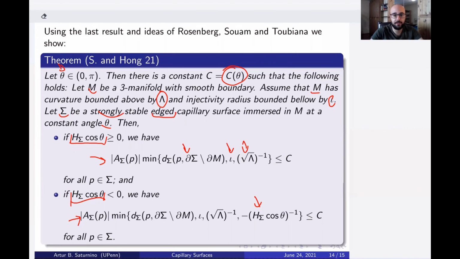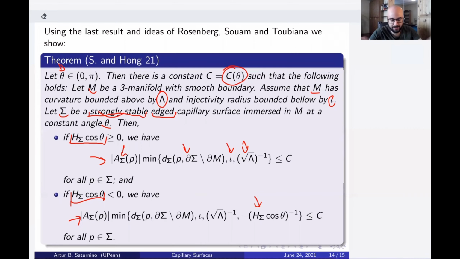So the idea for this technique comes from the theorem we just presented before, the uniqueness of the half plane, because this is really about scaling. Looking at the surface sigma at the scale of its second fundamental form, and then using that it is strongly stable in order to conclude that it has to be a plane, after taking a limit.